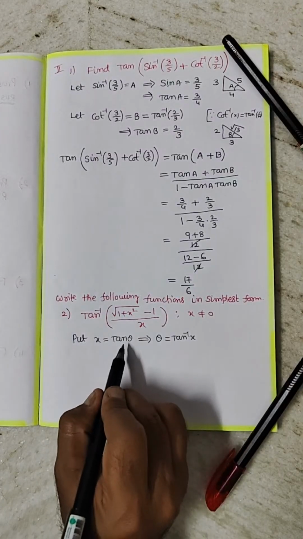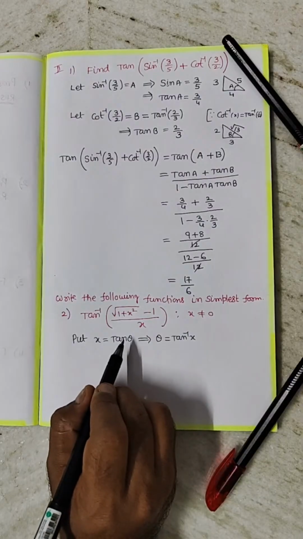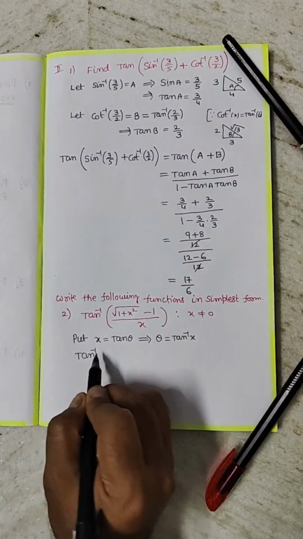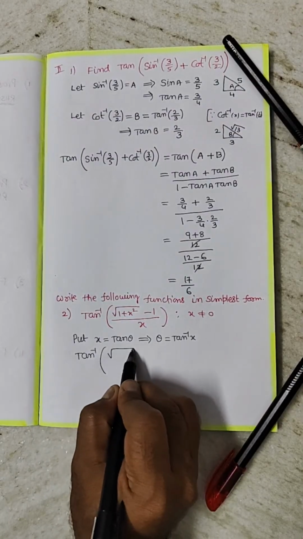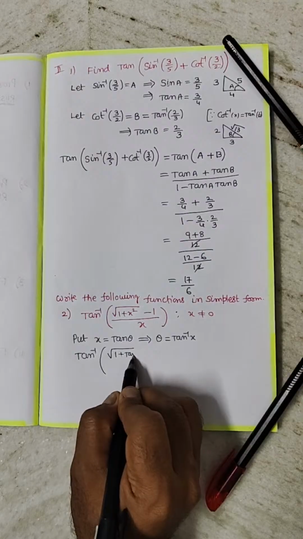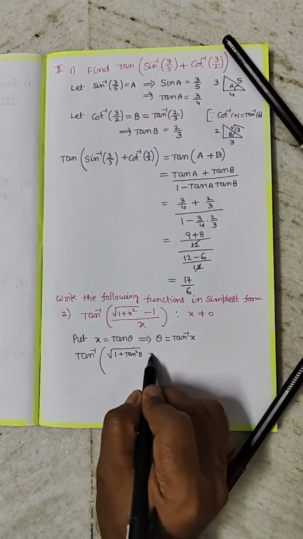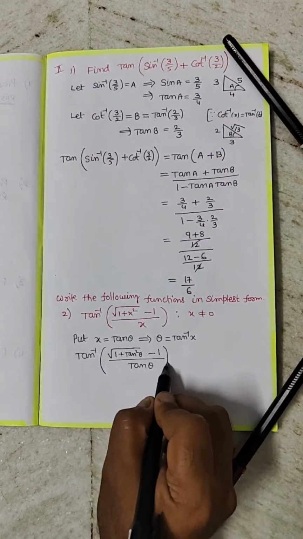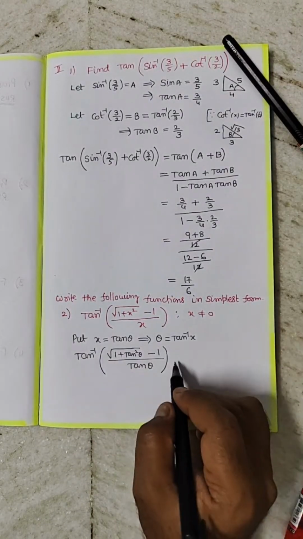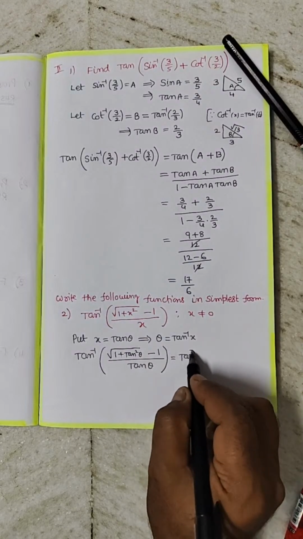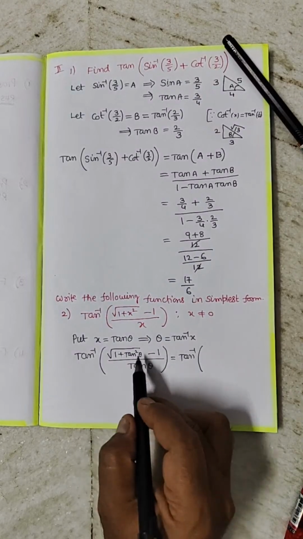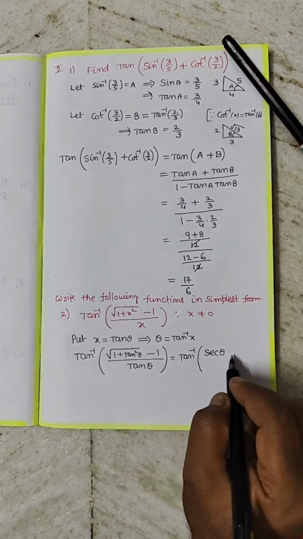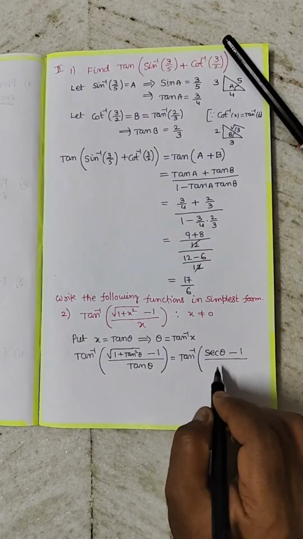Wherever x is there, replace it with tan theta. The above problem becomes root of 1 plus tan square theta minus 1, divided by tan theta. Now more simplification. Tan inverse of root 1 plus tan square theta is secant theta, minus 1, divided by tan theta.